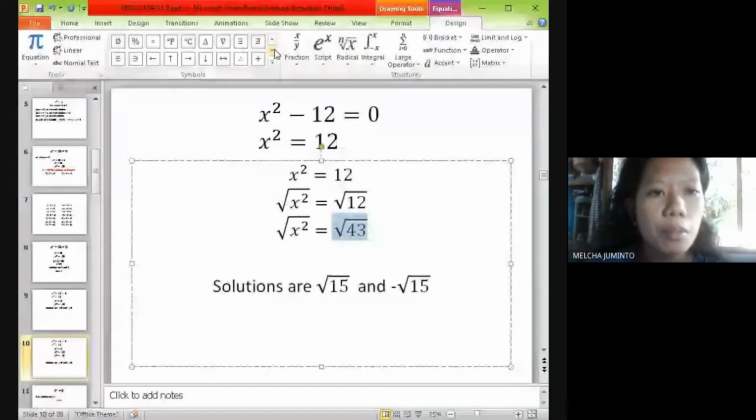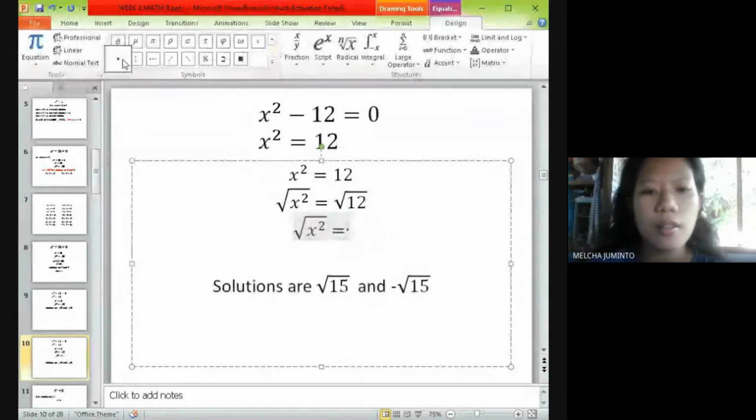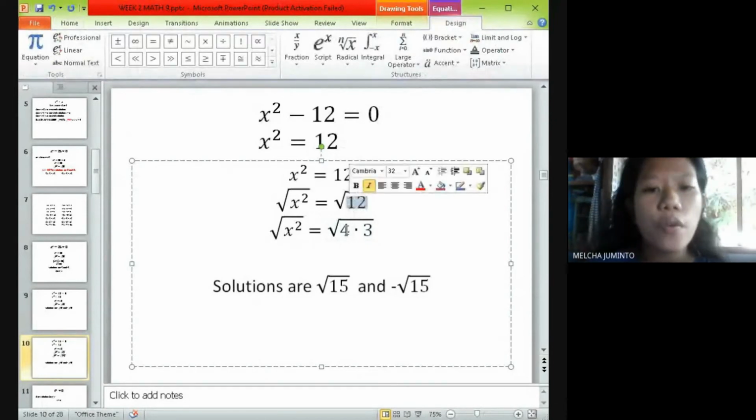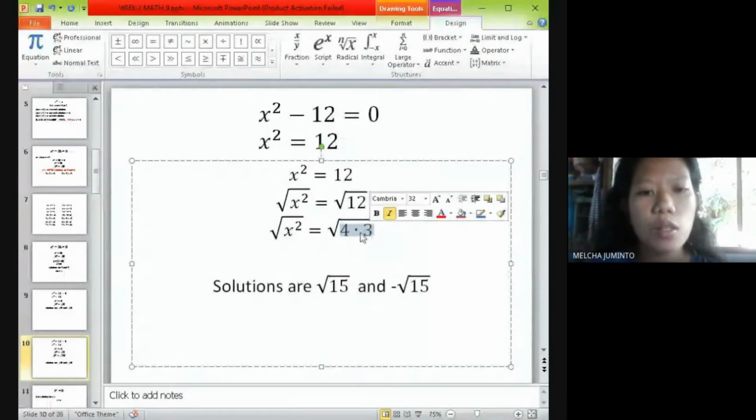Baka mabasa niyo 4.3. Those two numbers are 4 and 3, 4 times 3. Okay? Yung 12 was expressed as 4 times 3 because 4 times 3 equals 12.